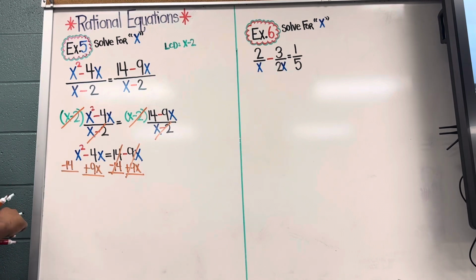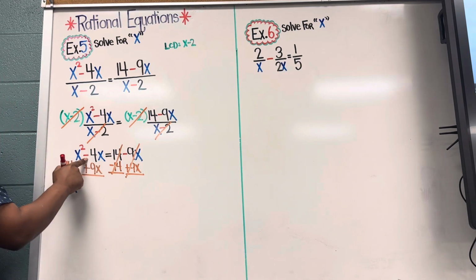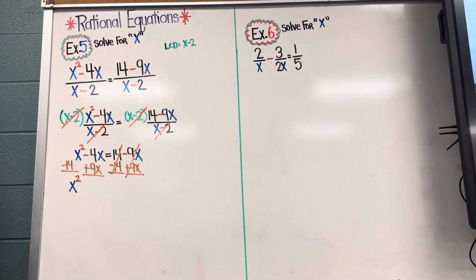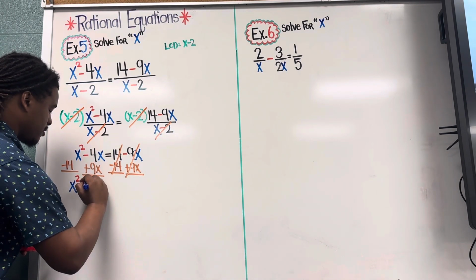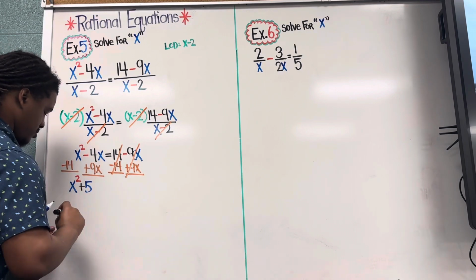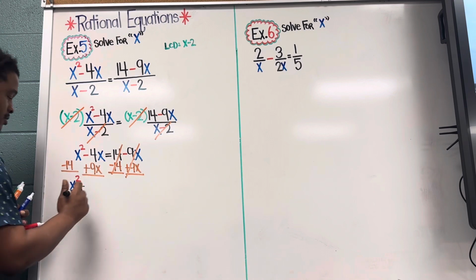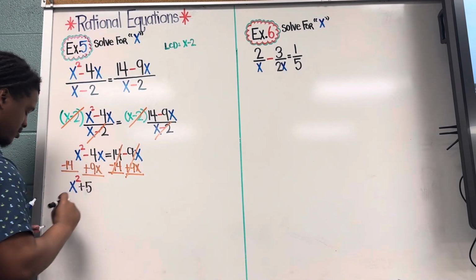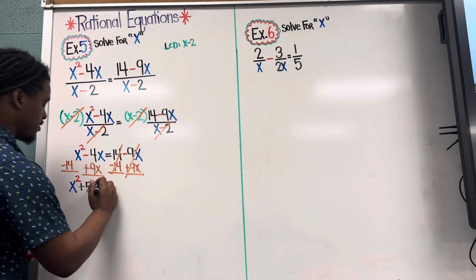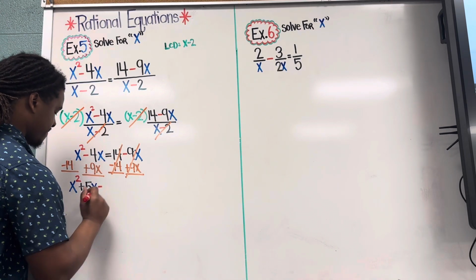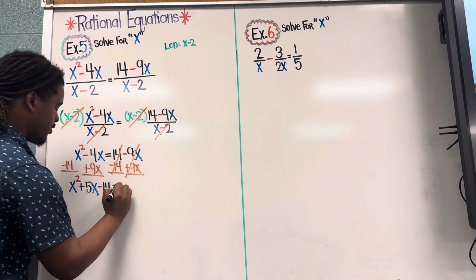Okay, so now, guys, on this side, I'm going to have x squared. Negative 4x plus 9x is a positive 5x, so that's going to be plus 5x. Minus that constant of 14, so minus 14, equals 0.